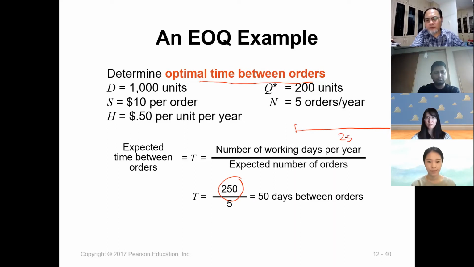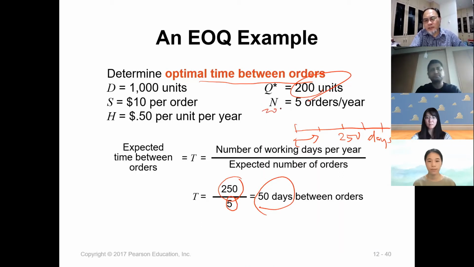If you have 250 working days and you make 5 orders for the whole year, then obviously every 50 days there is a new cycle. So 200 units will only last you 50 days. And of course you can calculate the consumption per day.